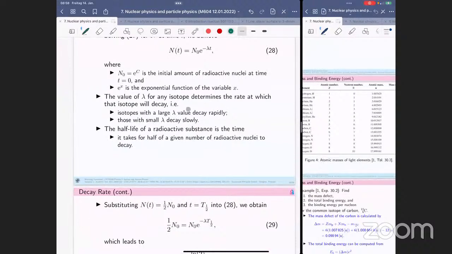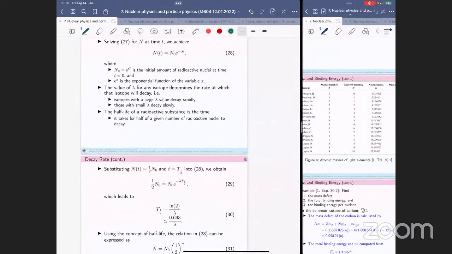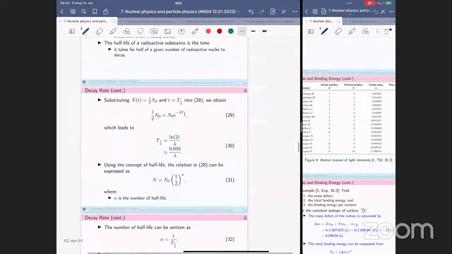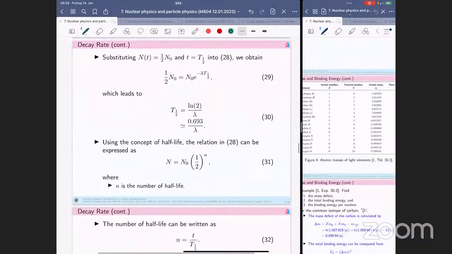That is, how much of the nuclei will disappear from the system, and that's what we will consider in this topic, the decay rate, right? Decay rate is something about that, when someone pays more attention in a deeper way to that expression.